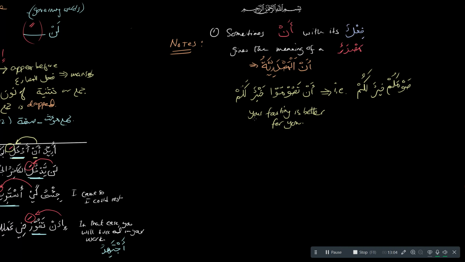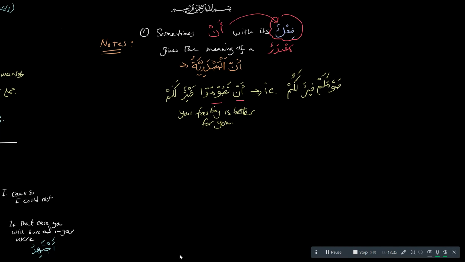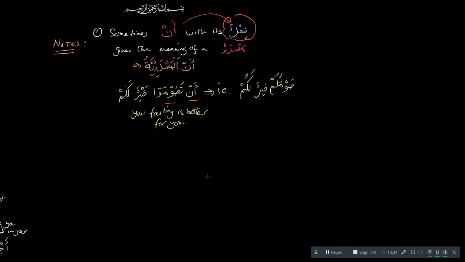That's how I used to read it. But it is read as that you fast is better for you, or your fasting is better for you. So that's apparently how it should be translated. So sometimes an with its fi'l will give the meaning of a masdar. An tasumu, your fasting is better for you. Because the ordinary meaning of an is that you fast, but here it means your fasting is better for you. So that's the first note that we have.